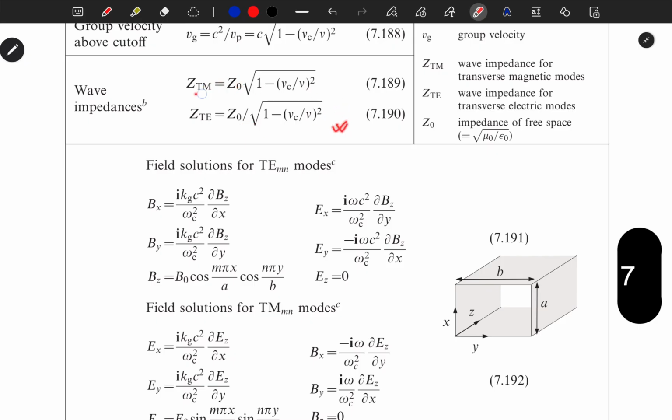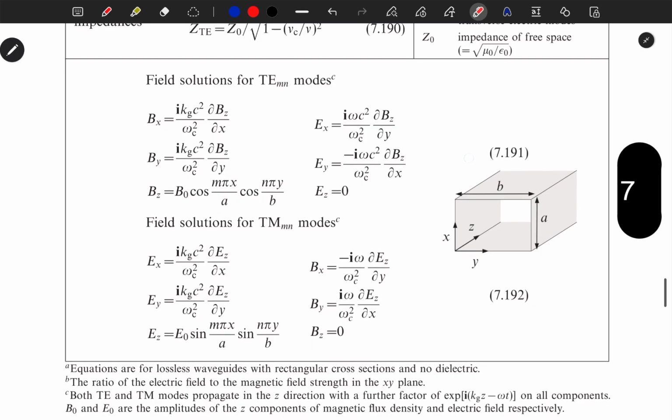For transverse magnetic modes, and for transverse electric modes, we have z0 divided by square root of 1 minus nu c by nu whole square. Field solution for TE mode: Bx, By, Bz have the following form.